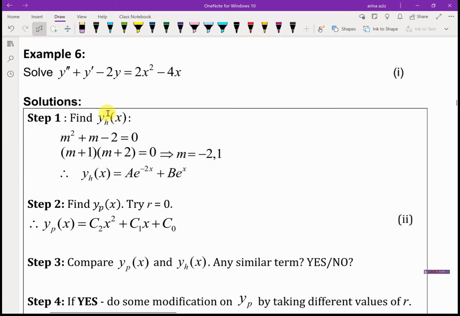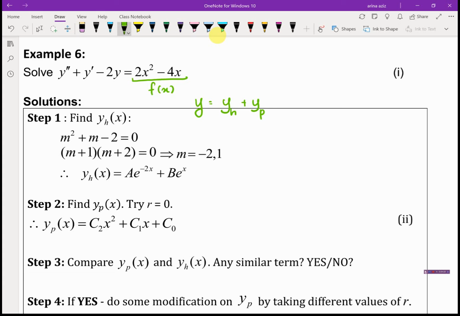Now let's have a look at an example. Given a differential equation in this form, we can see that this is actually our f(x). To find the solution, we know that it is given by the combination of y homogeneous plus yp.